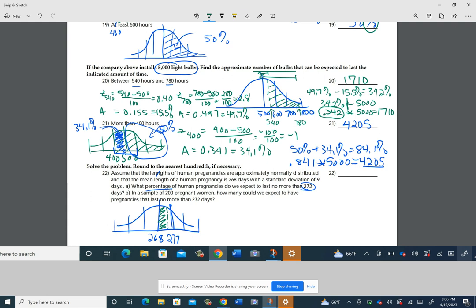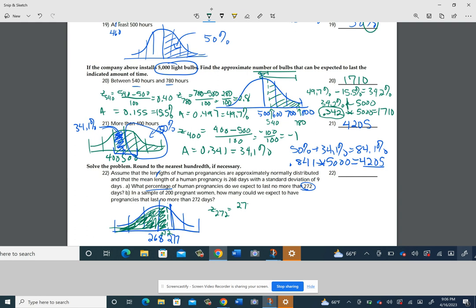But I need not just that, I need last no more than. So they can't go beyond 272, but they can be below. So I really need all of this from all the way down here, all the way to 272 days. So I need a Z-score for 272.